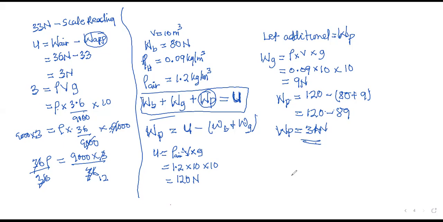A balloon, similar question to what we just saw. A balloon of volume 2,000 meter cube is filled with hydrogen of density 0.09 kilogram per meter cube.